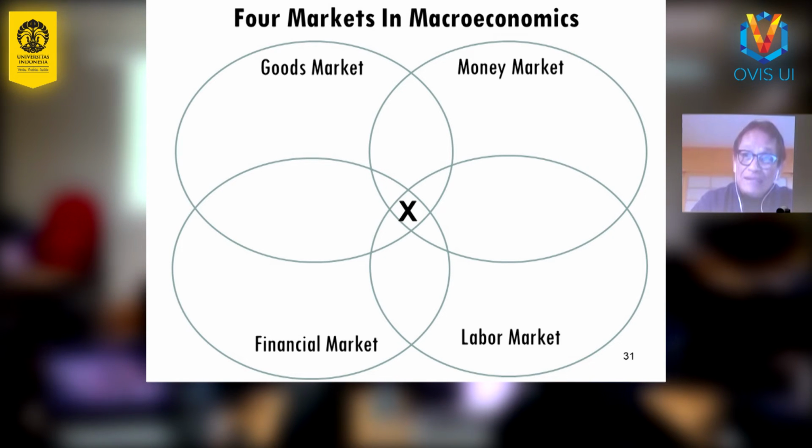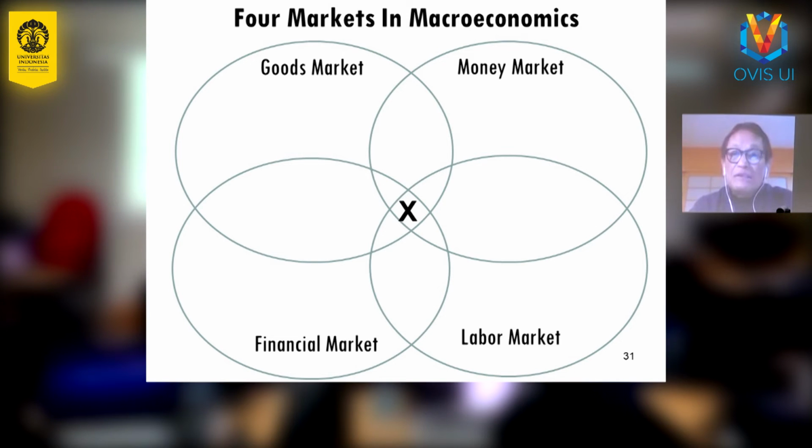And if P increases, and this is the aggregate supply, Y will decrease. Because this is the sign. You see the red sign, that means negative here. So, because of the price increase, Y will decrease. This is the aggregate supply, this is the real balance story. Okay?